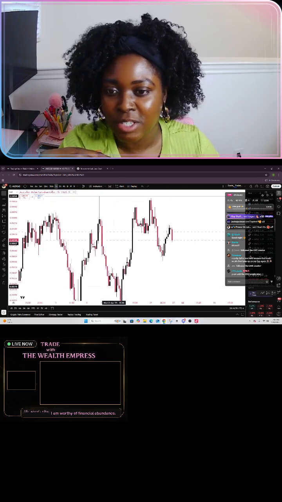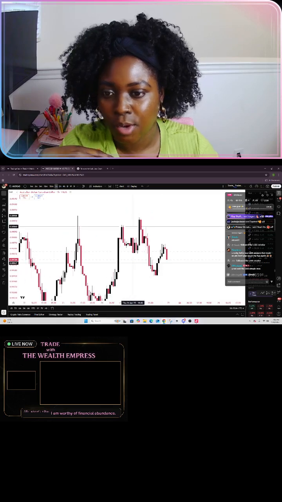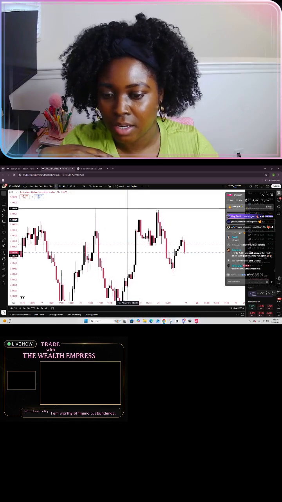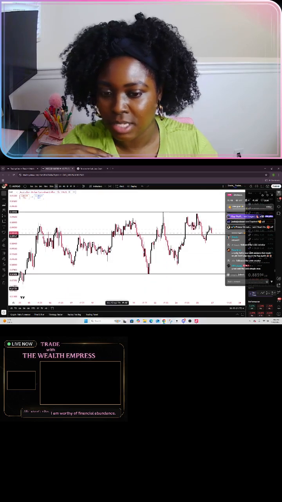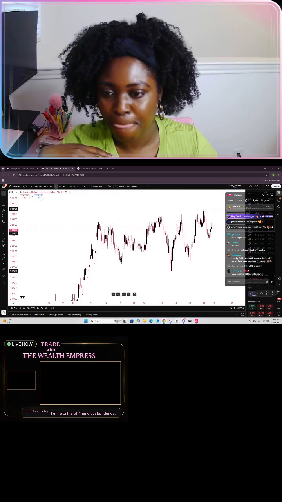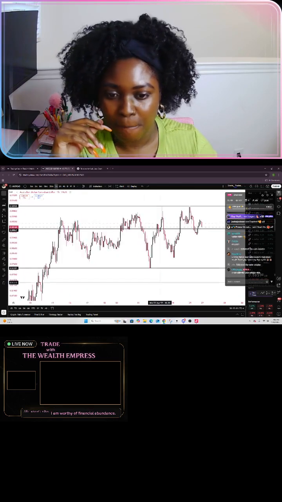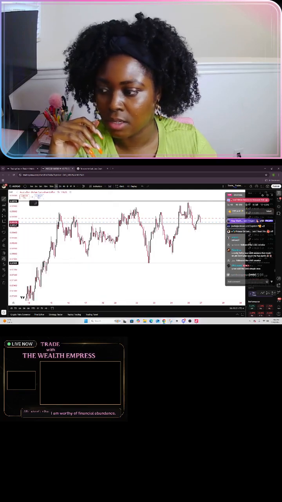Okay. Now we move to the hourly, and what do I see up here? Liquidity. Liquidity right here. But because price is moving sideways, right? I can mark up this trend line.